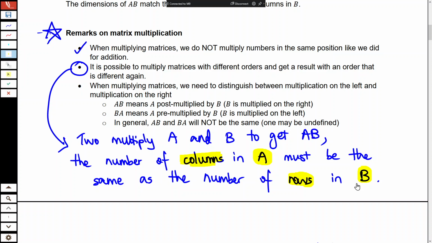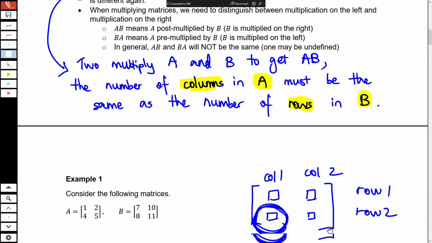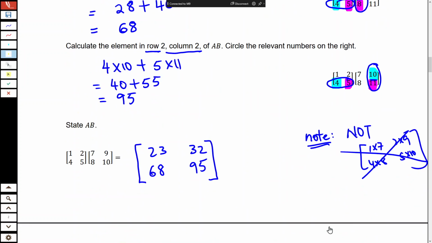Keep that in mind as we do a few examples. Okay, flip back now. We're going to look at example 3.